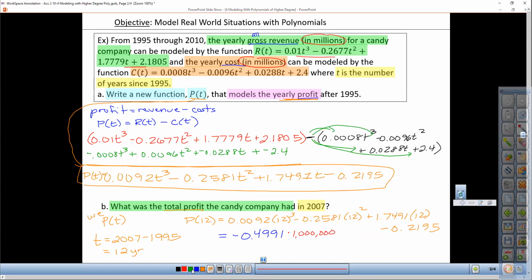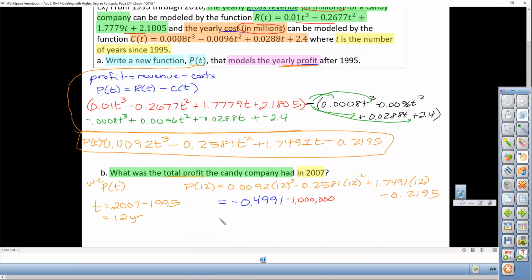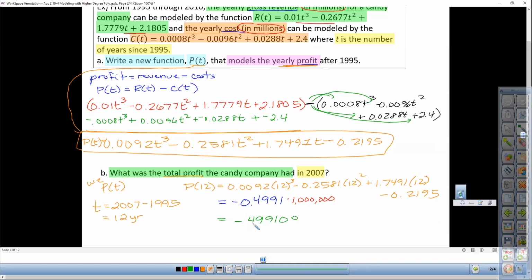And that is going to move our decimal point 6 places to the right, 1 for each of those zeros. And so we still have a negative, and this would be our first 4991, and then 2 more zeros gives us a total of 6. So now we have this negative 499,100.